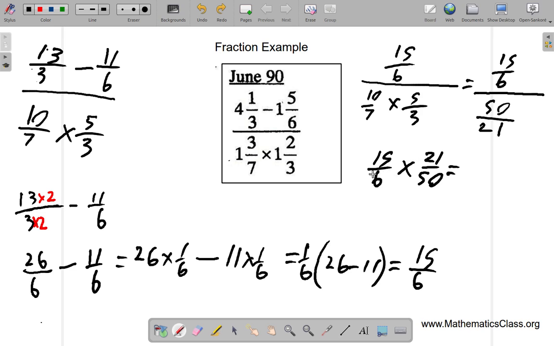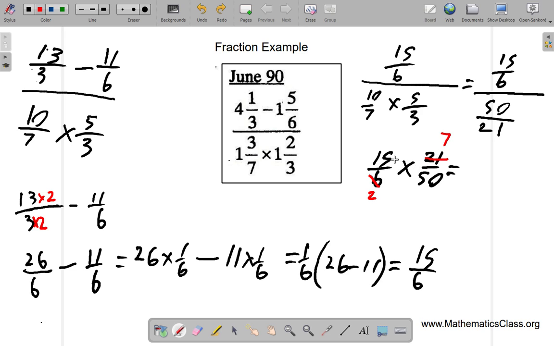Alright, so we could cancel down using 3. Because 3 into 6 goes 2 times, 3 into 21 goes 7. You see that? Let's do that again. 3 into 6, 2. 3 into 21, 7.